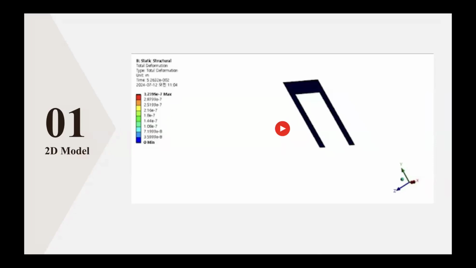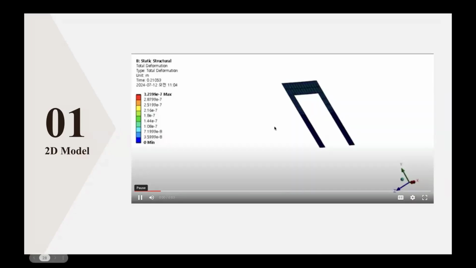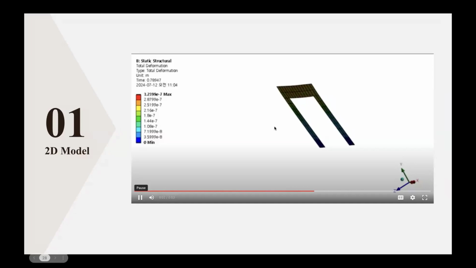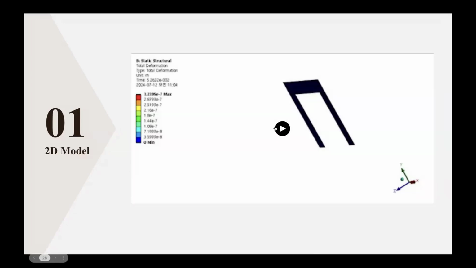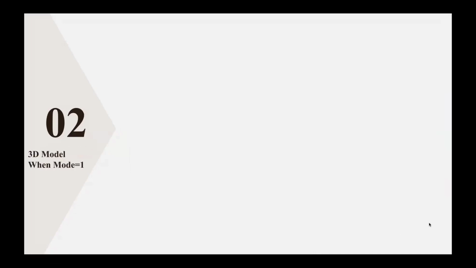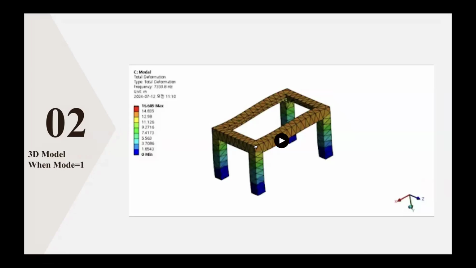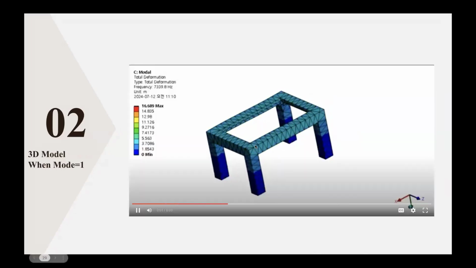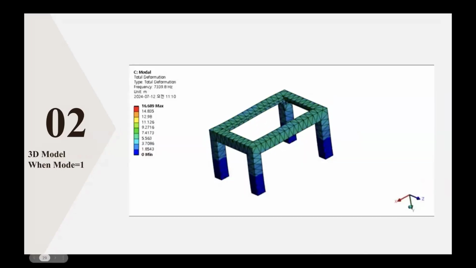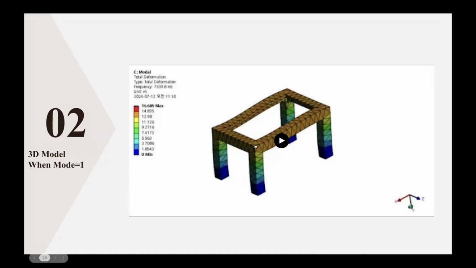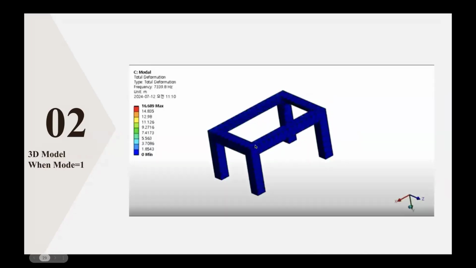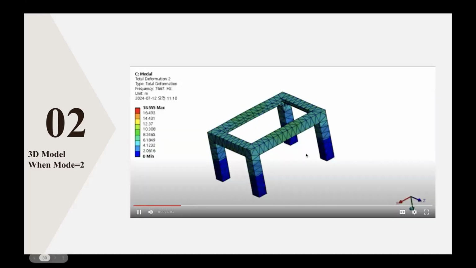So this is the video of the 2D model. It fluctuates back and forth. And this is the movement of the 3D model when the mode is equal to 1. It moves backward and forward. And this is mode 2.